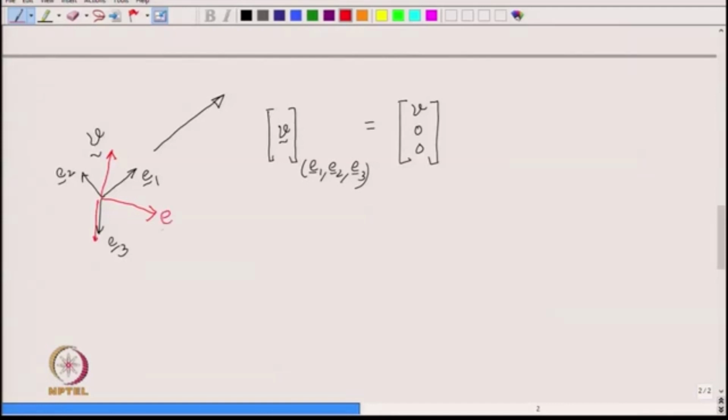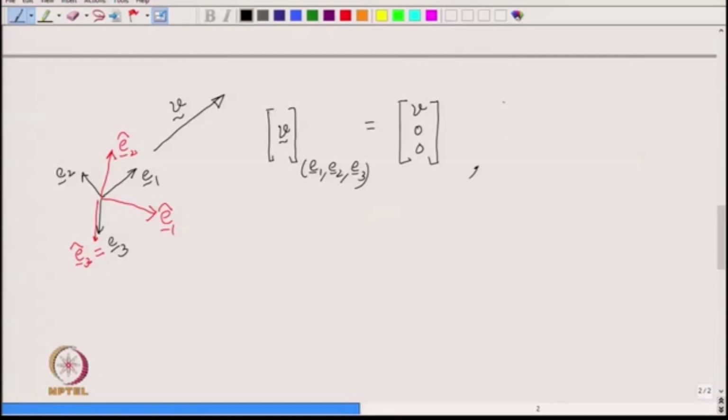okay. So, this is E1 hat, E2 hat and E3 hat, which is same as E3, all right. So, in this new coordinate system, the representation of the vector v will be different.